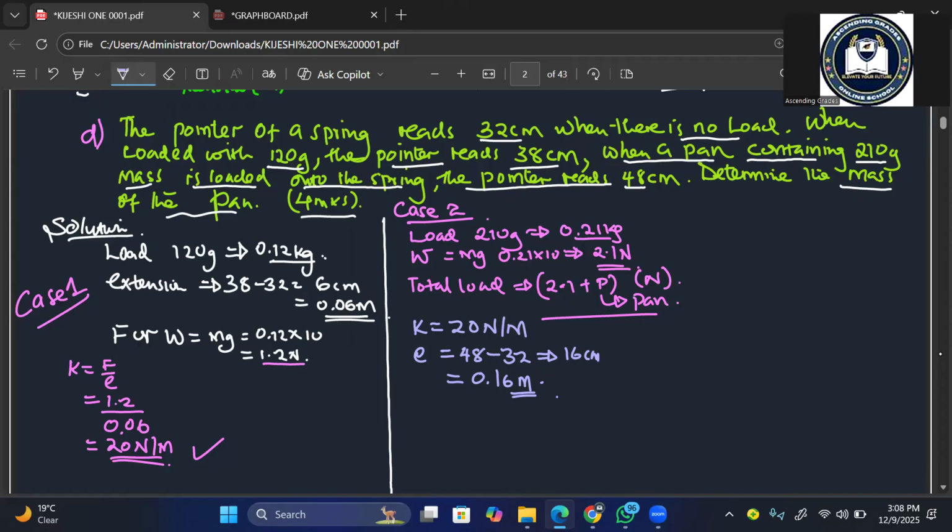So you are being asked about the force. You can just say the force is 2.1 plus P Newton. So we want the P. That is what we are supposed to be looking at. So from the formula, F is given by Ke, then 2.1 plus P will be the same as 20 newtons per meter times an extension of 0.16.